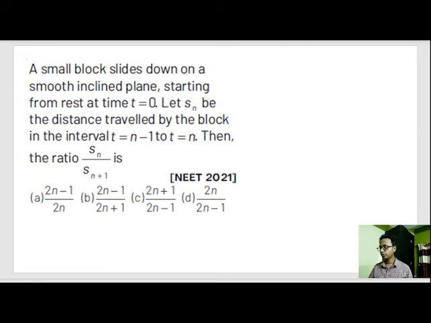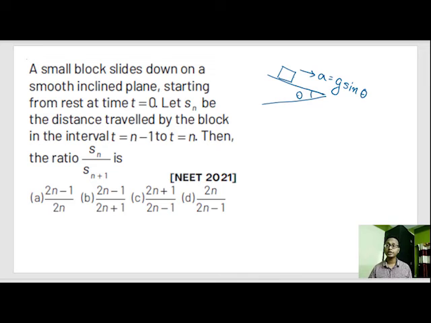So what this question said was, there is a block upon an incline. Suppose the incline is at angle theta. If this block is kept upon this incline, there will be an acceleration on the block. If the incline is smooth, the acceleration is nothing but g sine theta.